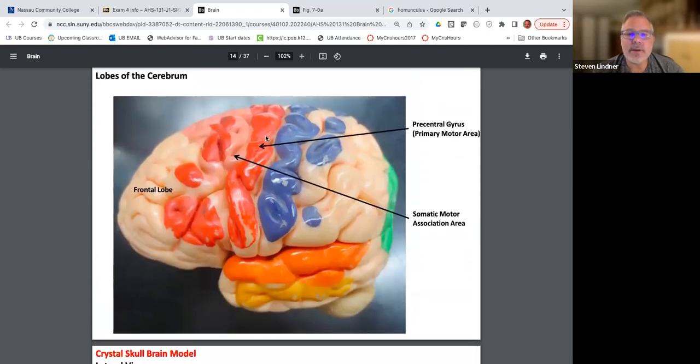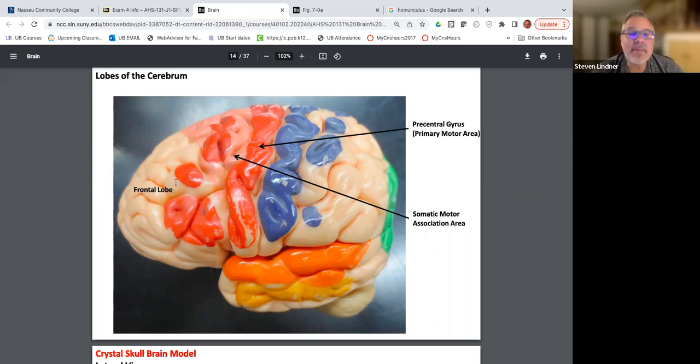Cool. All right. So here now we have this a little bit more labeled. Here's the frontal lobe. Here's that red strip called the precentral gyrus. And remember, the precentral gyrus is the primary motor area, meaning this is where motor initiation takes place. And then just in front of it is the association area, meaning this works in conjunction with it to create movement.